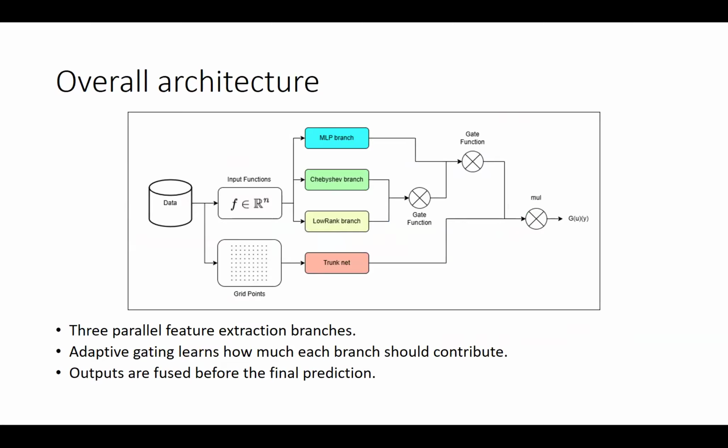For example, here you combine Chebyshev and low rank in the first gate, and then you add MLP. Would the result change if you combined MLP and Chebyshev first and then low rank? Or is there any reason for your choice?